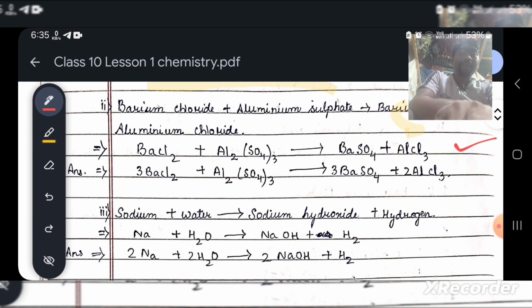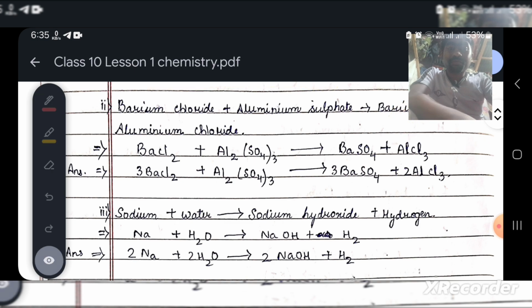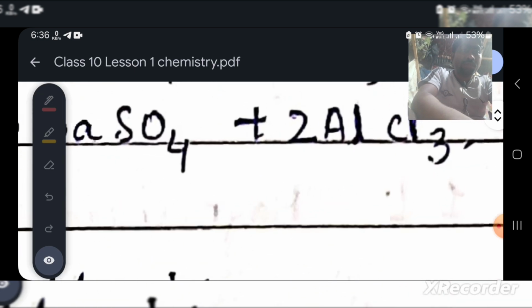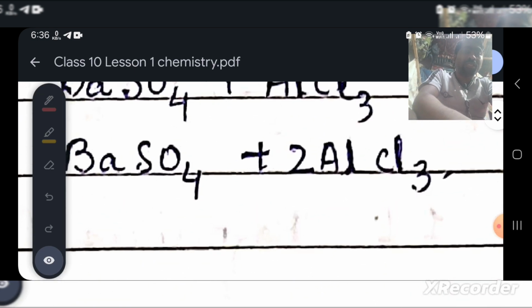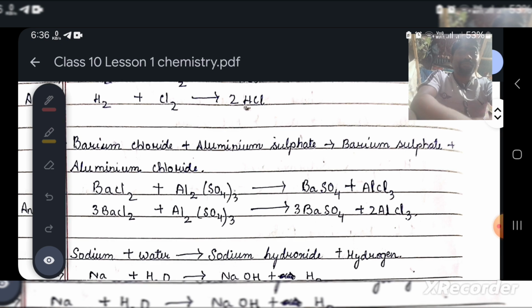In the question, the red color one, chlorine on the reactant side is 2. So that 2 will multiply with AlCl3 on the product side. So here I have put 2AlCl3, which means we have cross multiplied.